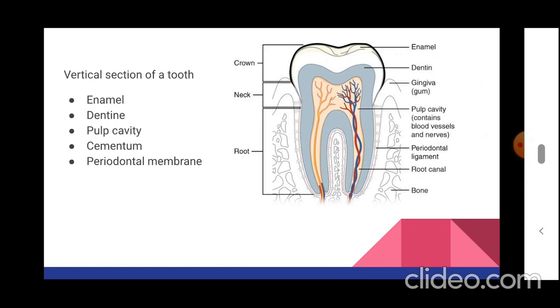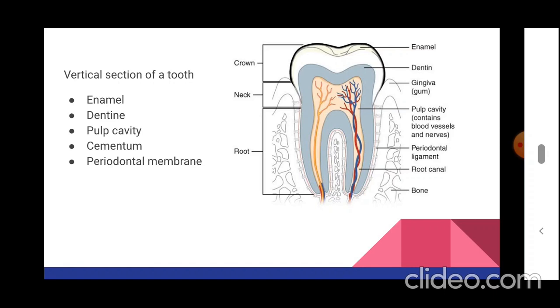Just above the periodontal membrane there is the cementum. There is a layer of cementum that is shown as a red color line, that is not marked in the image. That is the cementum. Cementum and periodontal ligament together help to fix the teeth in the socket.